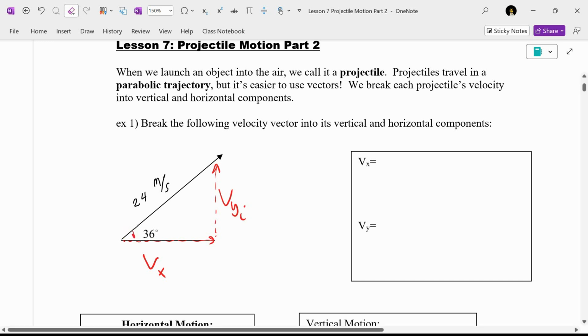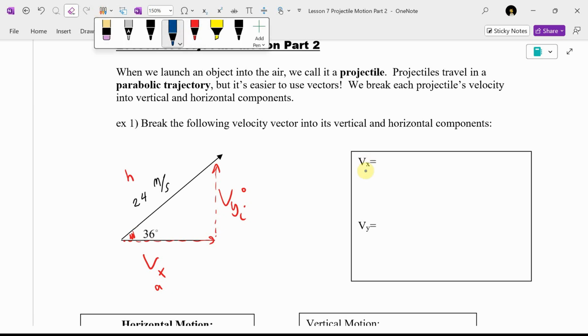Justin, that 24, is it opposite, adjacent, or hypotenuse? Vy, opposite or adjacent? Vx. Vx, which trig function? Yeah, it is the hypotenuse, so you're correct. That's good. Adjacent and hypotenuse, cosine. I agree.